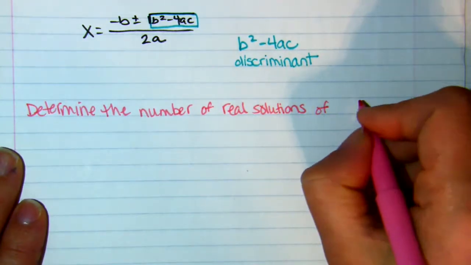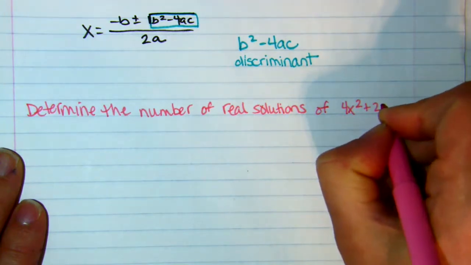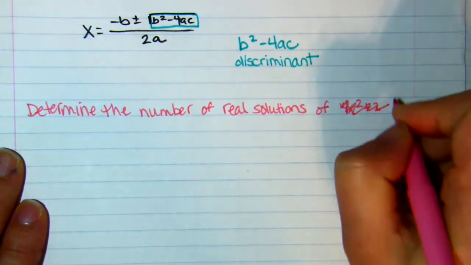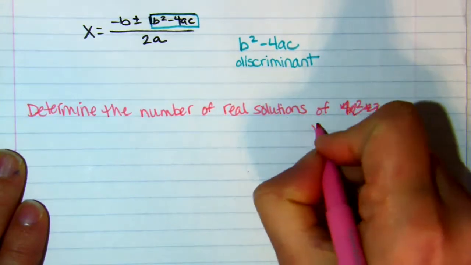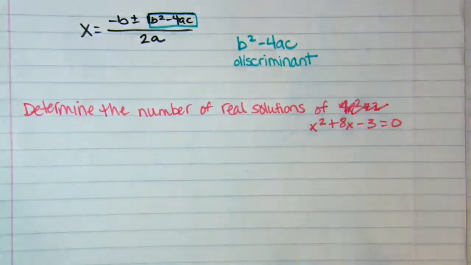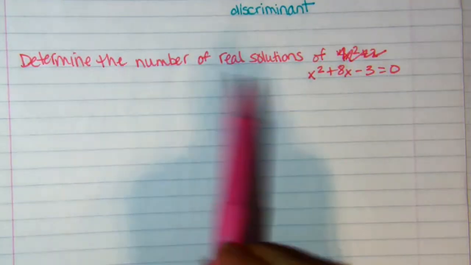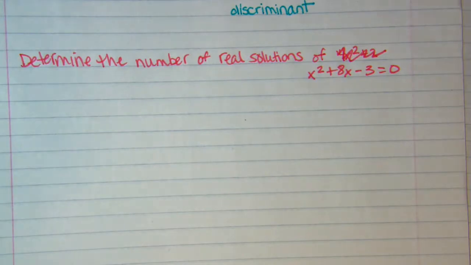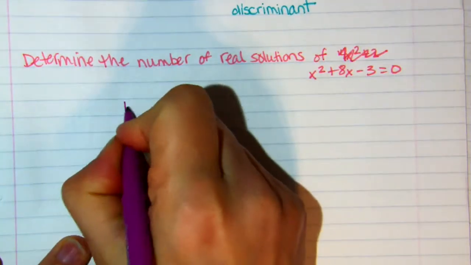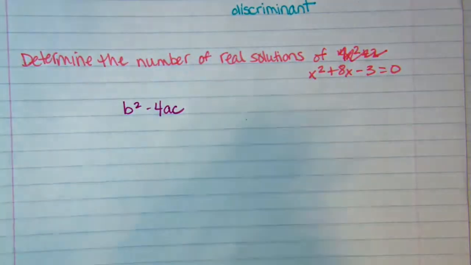Let's do a different one: x squared plus 8x minus 3 equals 0. So determine the number of real solutions. When you're just asked how many solutions there are, all you have to do is use the discriminant. You don't have to tell what the solutions are, just how many. So we only need the b squared minus 4ac part.